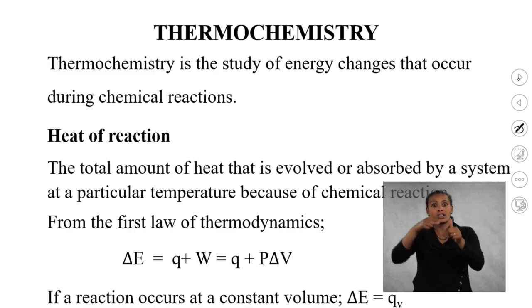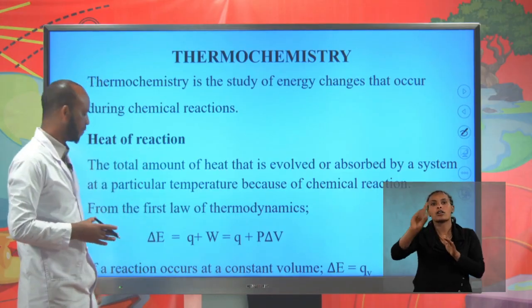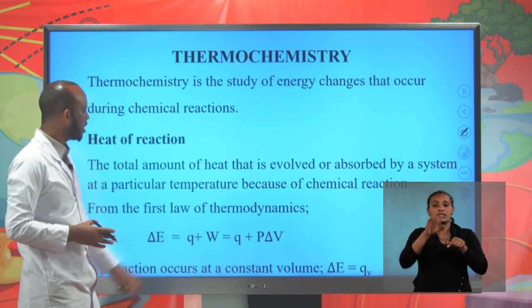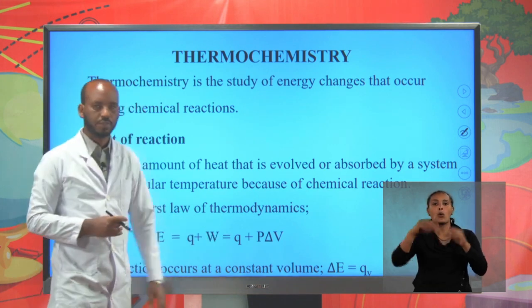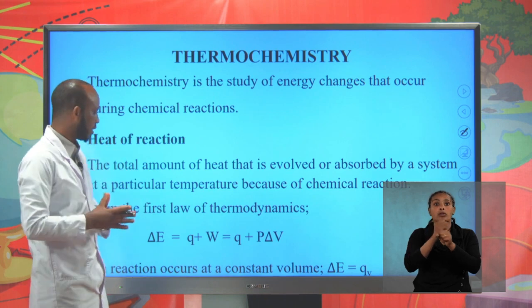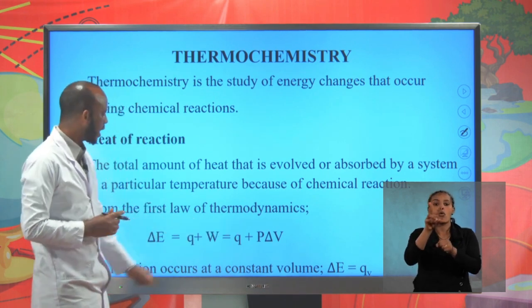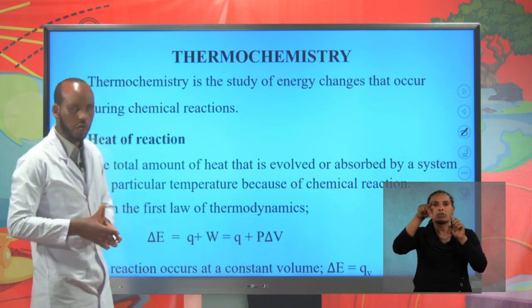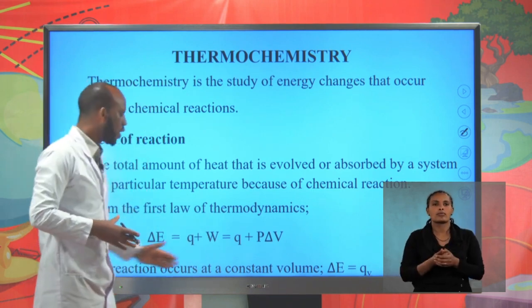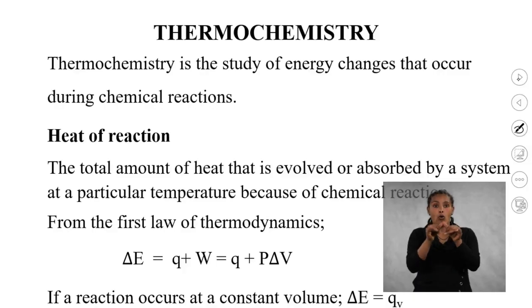From the first law of thermodynamics, we have change in internal energy equals Q plus W. If the work is pressure volume work, we can write this as Q minus P times change in volume. If a reaction occurs at constant volume, the change in volume of the system is 0.